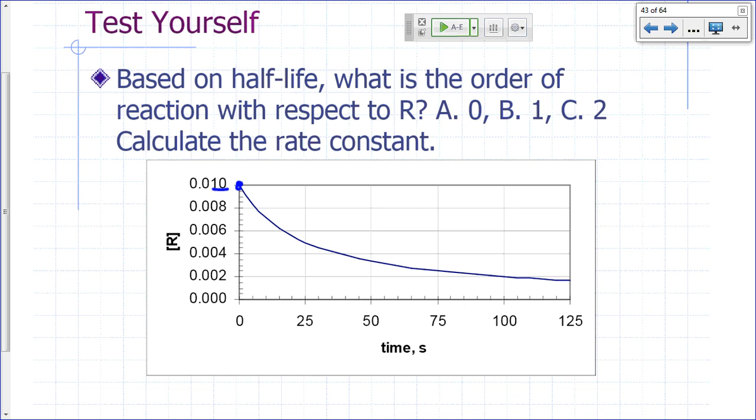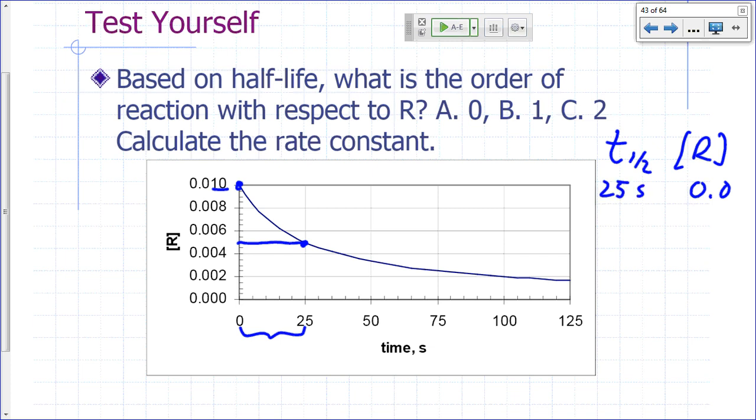What's half of 10? 5, so 0.005. Okay, where is 0.005? Right here. So how long did it take to go from 0.01 to 0.005? 25 seconds. Okay, so if you start off at 0.01, your half-life is 25 seconds.